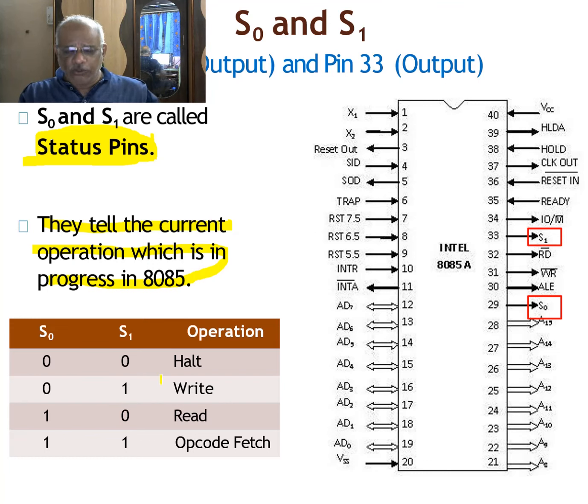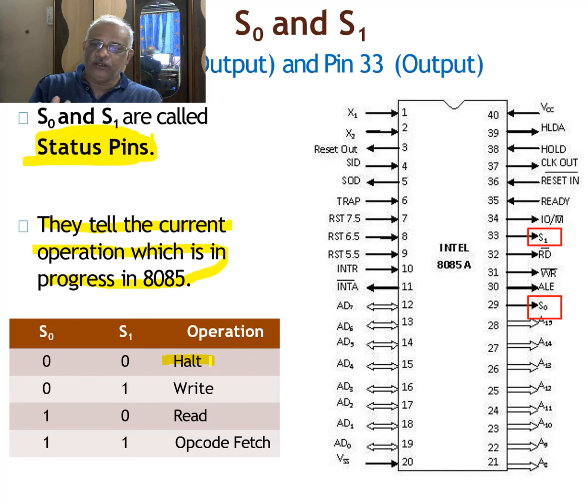There are four operations which the microprocessor wants to communicate to the peripheral ICs. Number one, the operation is halt, which means when a particular program is executed and the execution completes, the microprocessor goes into the halt state. No address is generated, no operation code is fetched, and so on.